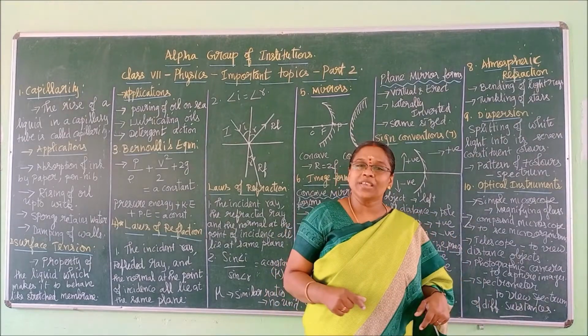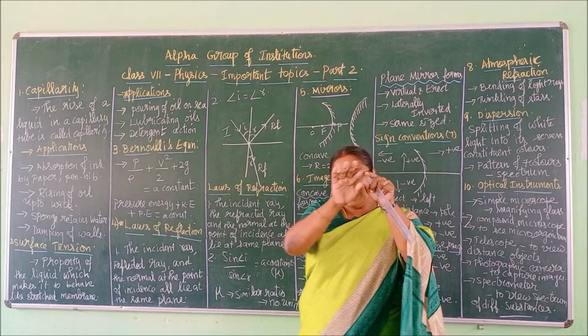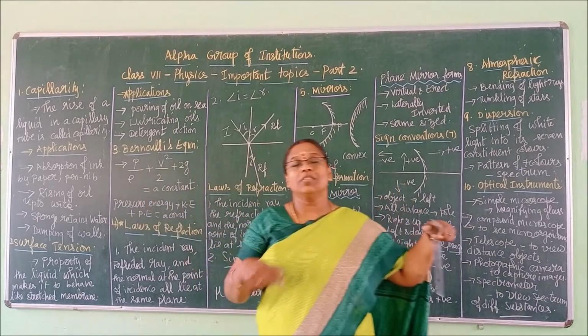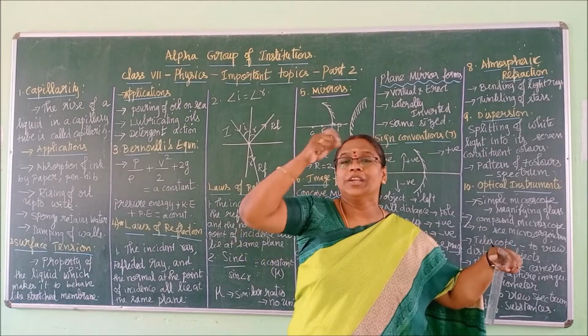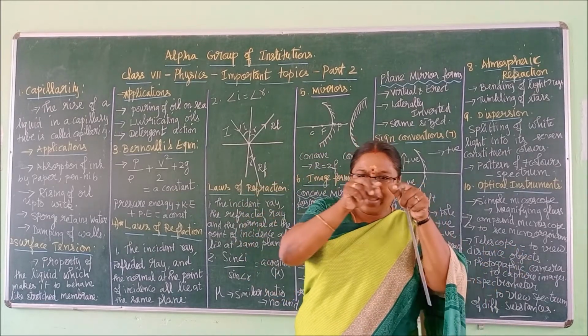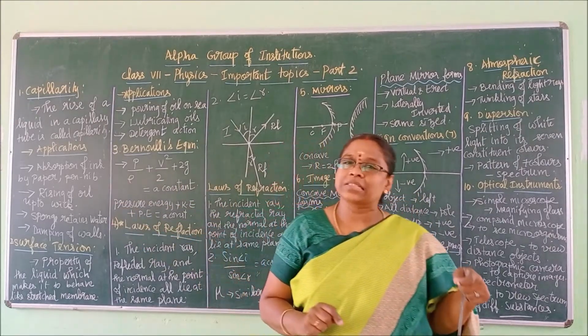So surface tension means what I told you: it is the property of a liquid to behave like one continuous membrane, right? Here, the oil poured on the water won't behave like one stretched membrane because its surface tension is less than water.